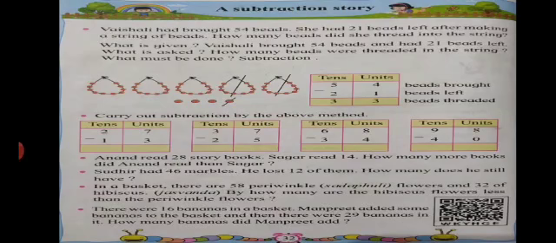As you can see, when we subtract 1 from 4, we get the answer 3. And when we subtract 2 from 5, we get the answer 3. So, the beads threaded were 33.